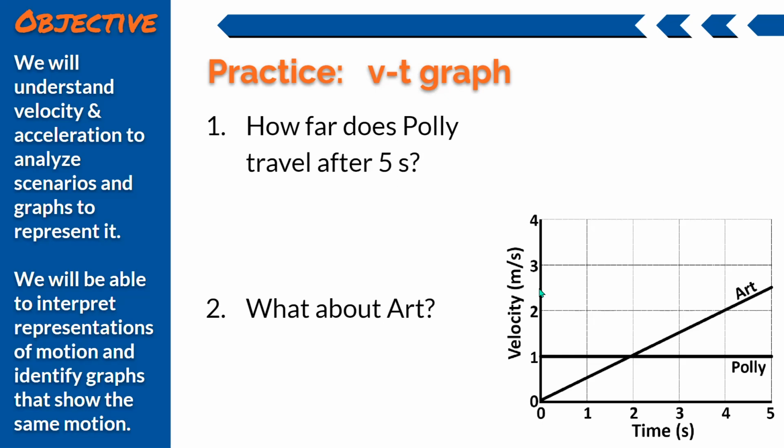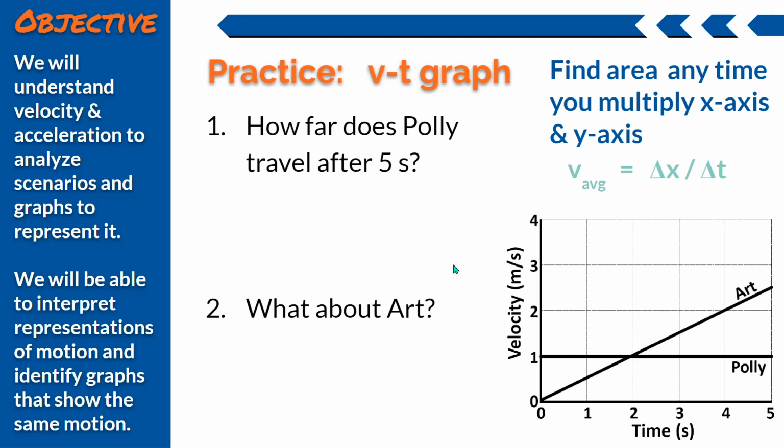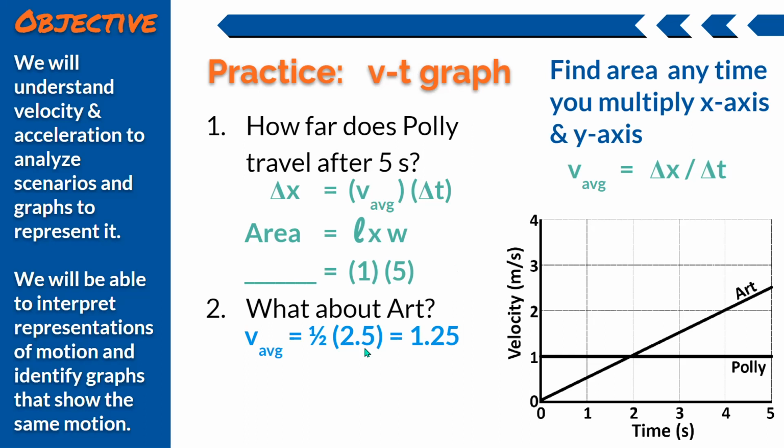Well, the average of 0 and 2.5 is half of 2.5. Right? And half of 2.5 times 5, well, that is the equation for the area of a triangle. 1/2 base times height. That's what you're doing. Okay? 1/2 base times height is his average velocity, half of 2.5 times 5 seconds.